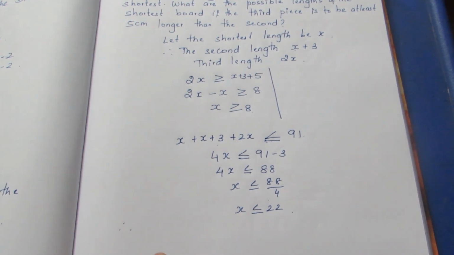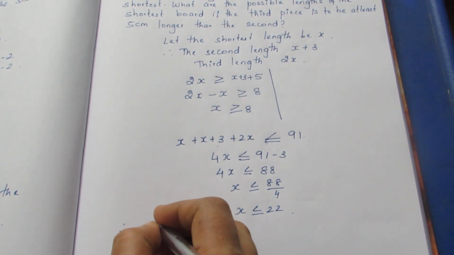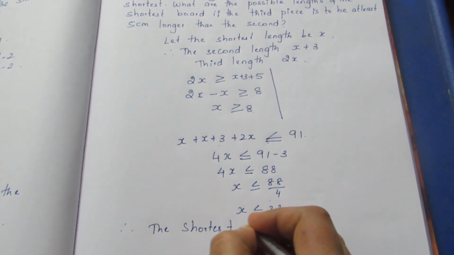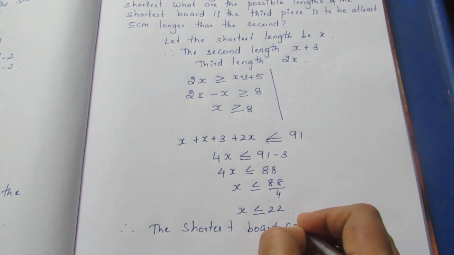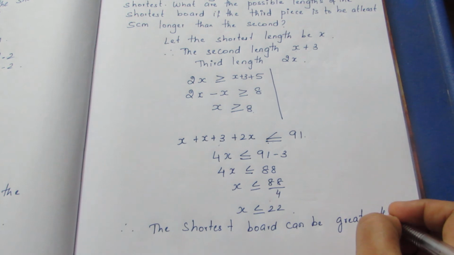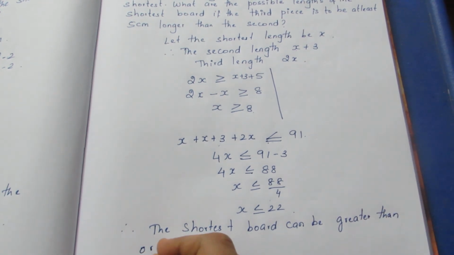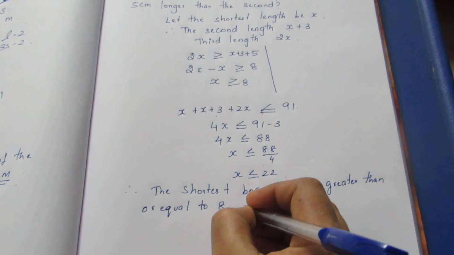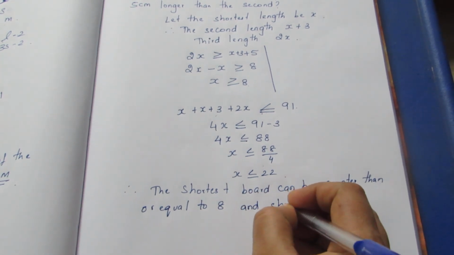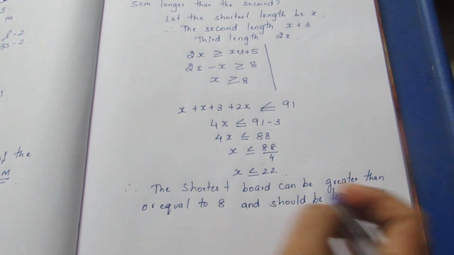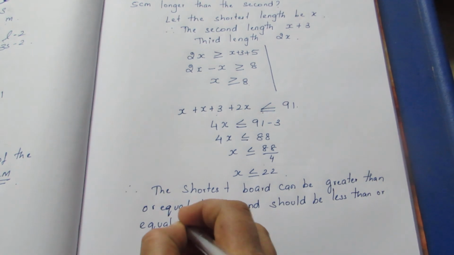Therefore you can write the answer to be: the shortest board can be greater than or equal to 8 and should be less than or equal to 22.